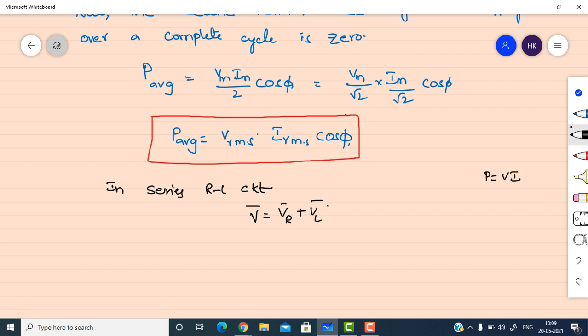So on both sides of this equation, I will multiply by the current. Multiply the voltage equation by current. Then we get the expression for the total power input.